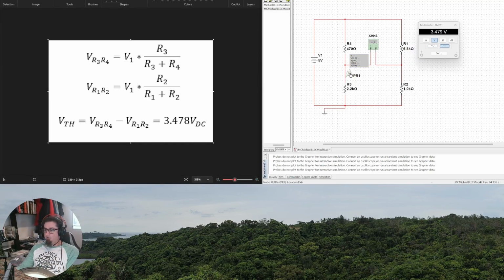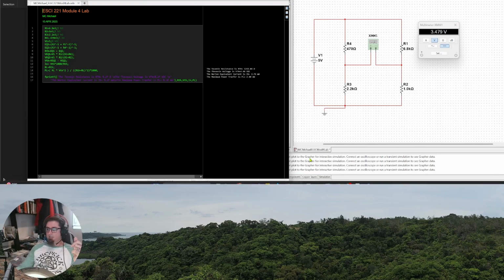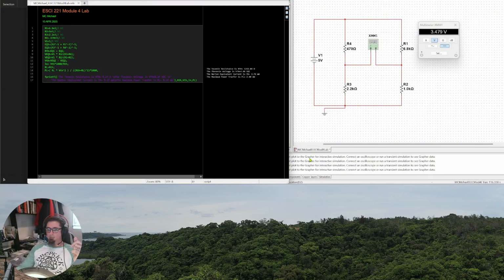I'll delete these back off, and that would give us our Thevenin voltage, which is going to be 4.78, 4.79 over here. They're probably rounding differently than I'm doing in my calculations over in MATLAB, because I have 3.48.